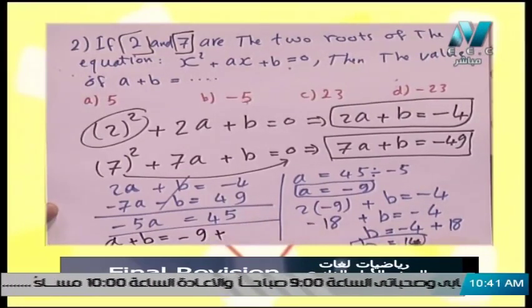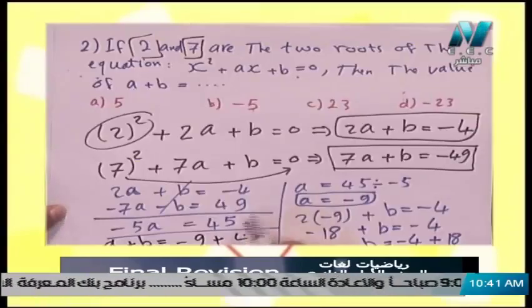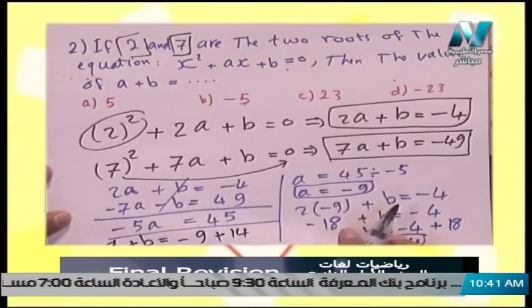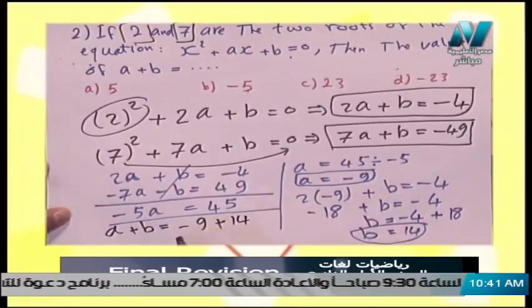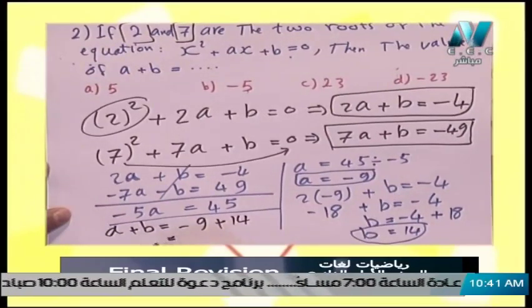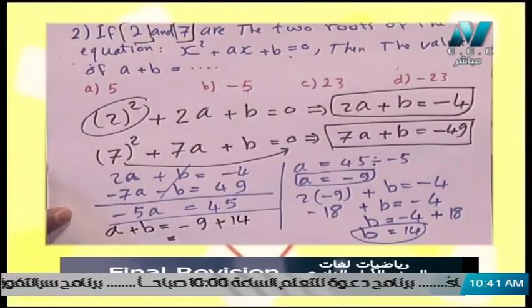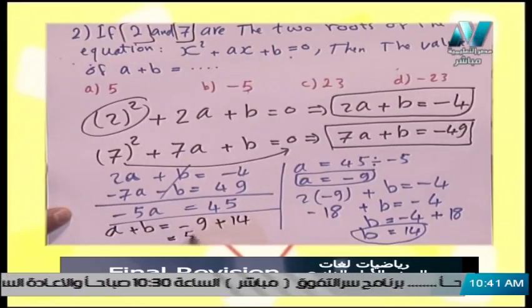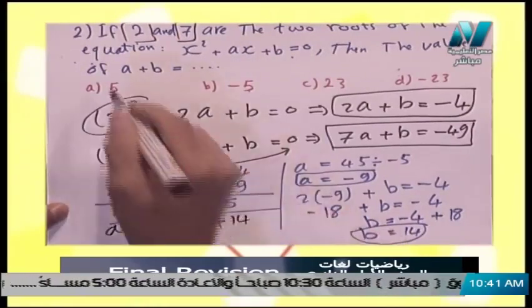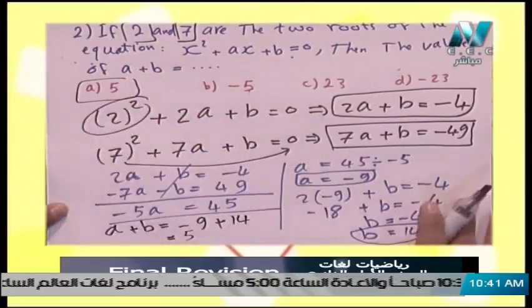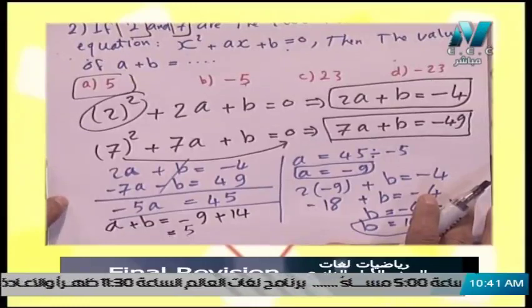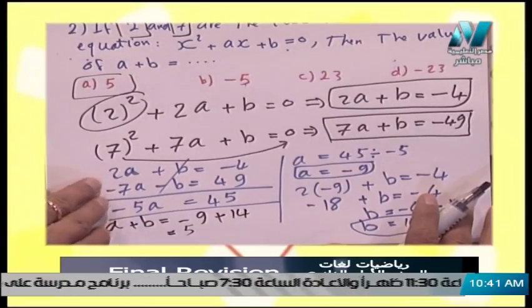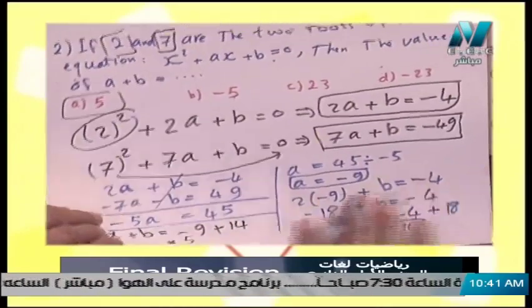So the answer: negative 9 plus 14 equals 5. So a plus b equals 5. So we choose the positive 5 for us. Okay. Let's transfer to another question.